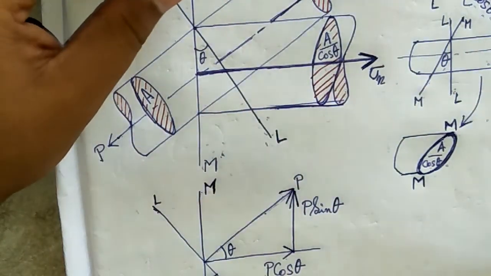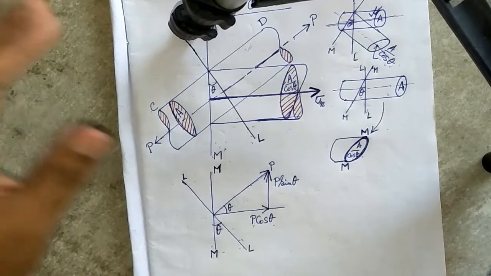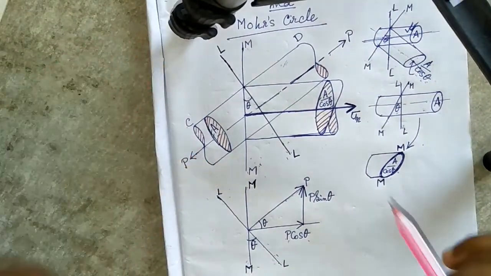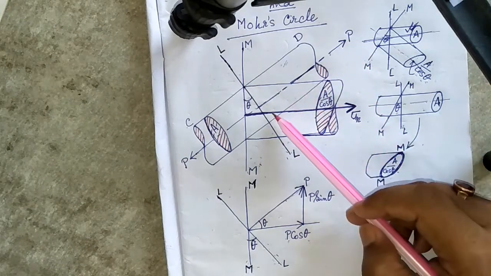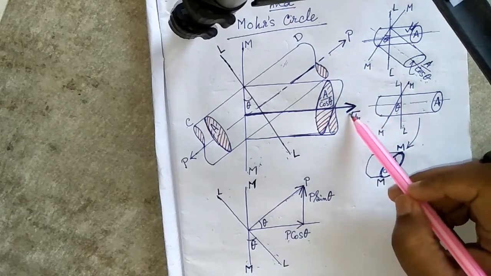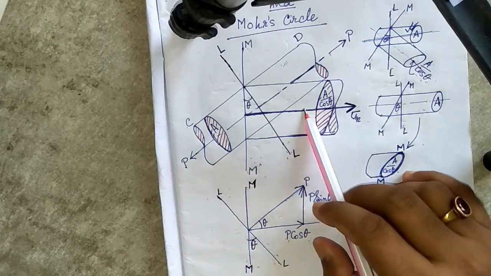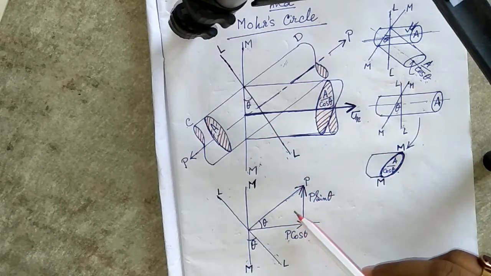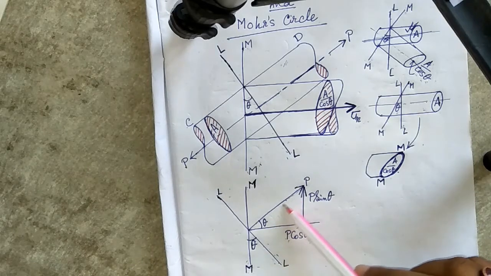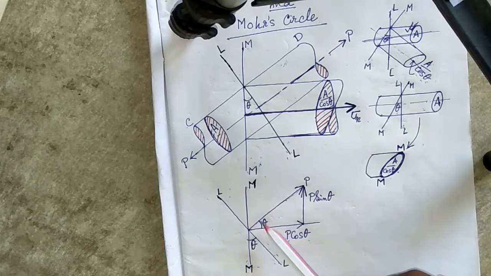Okay, so now let's talk about the force. The force P acts along the axis of the original shaft, and sigma n is the normal stress acting along the axis of the imaginary shaft. This is the original force P. LL is perpendicular to the axis, and MM is inclined at an angle theta.